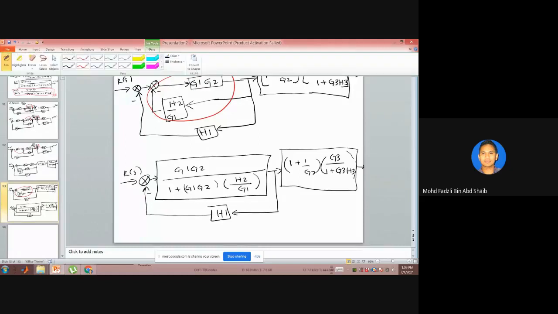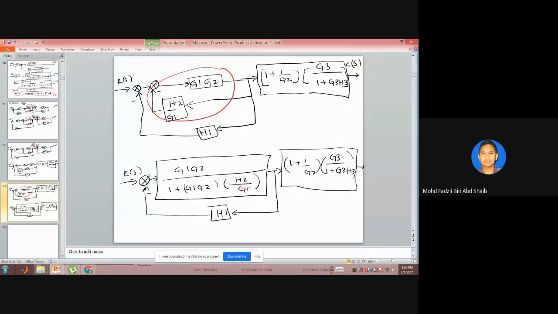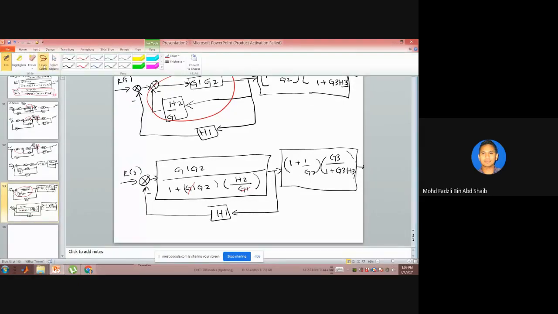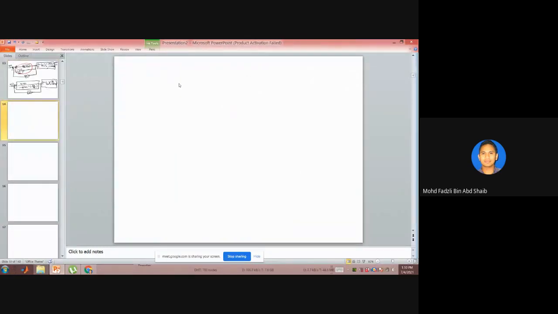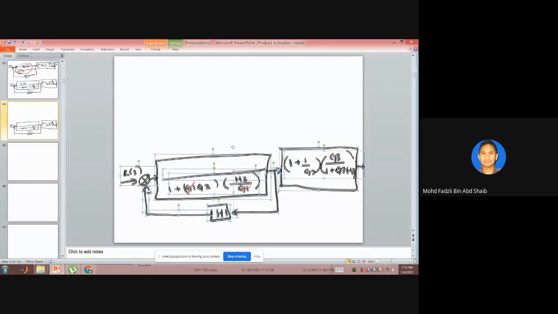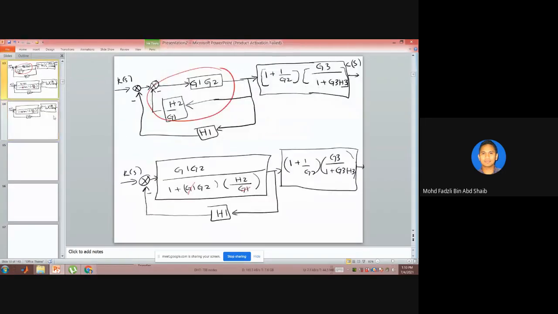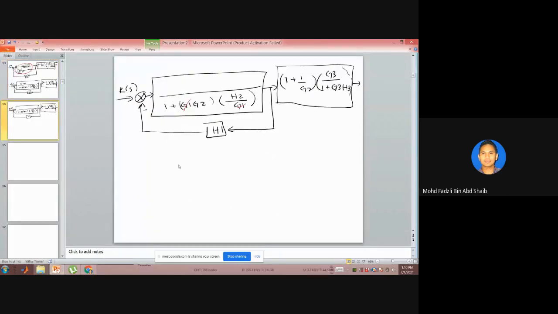You can see this one, we can cancel each other. G1 here, G1 here. Right. This is G1, G2, right?